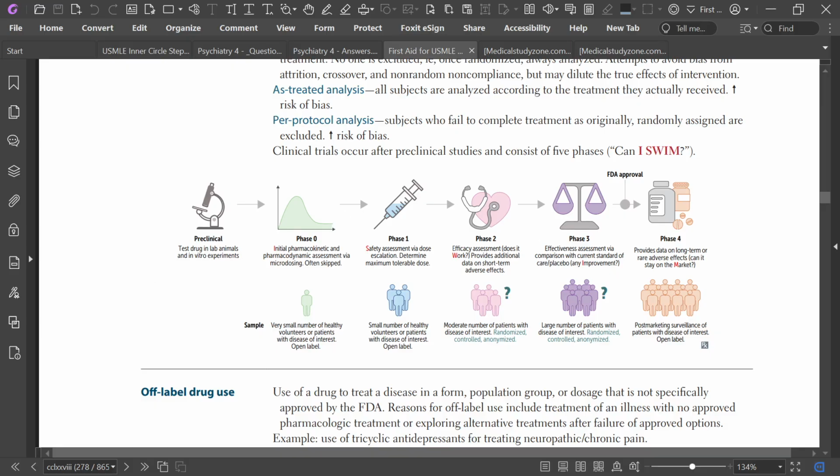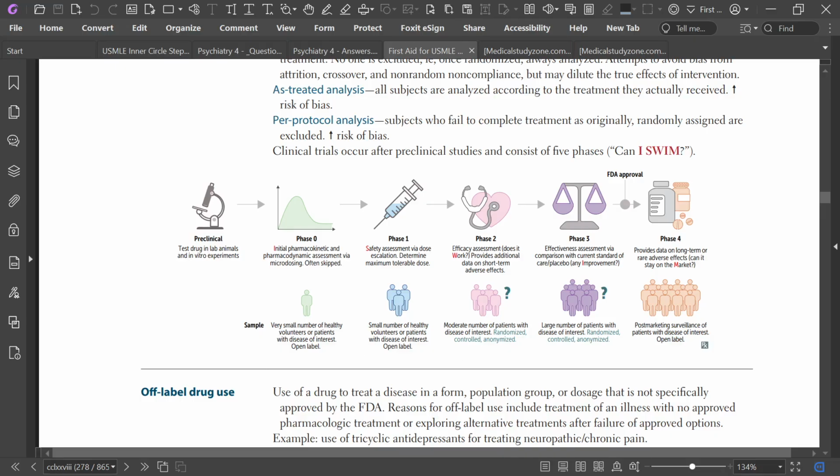Can I swim? Okay. Phase 0 is initial pharmacokinetic and pharmacodynamic assessment via microdosing. So in phase 0, pharmacokinetic and pharmacodynamic assessment is done, with a very small number of subjects, like 0, 10, 100.